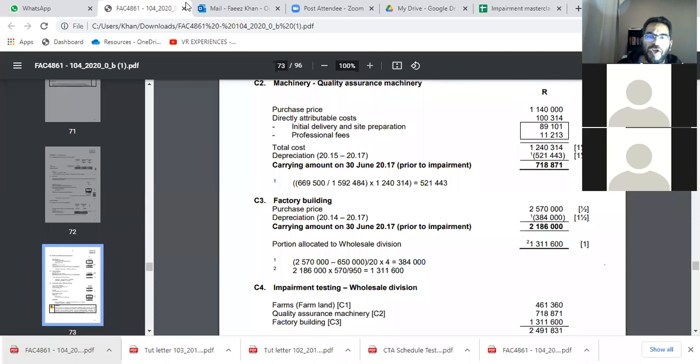So what we will do is work on accumulated depreciation. All you will do is take the units of production at 30th June 2017 and divide it by the total expected units of production.